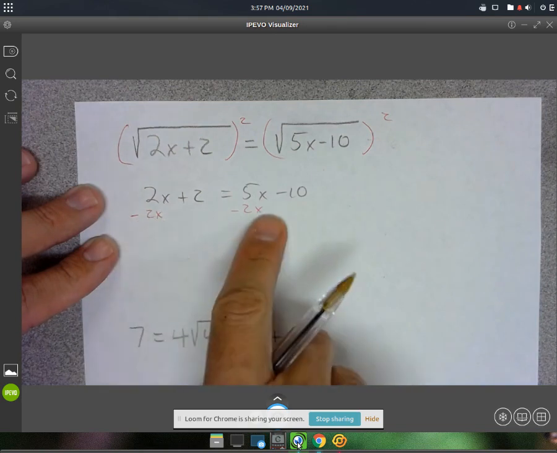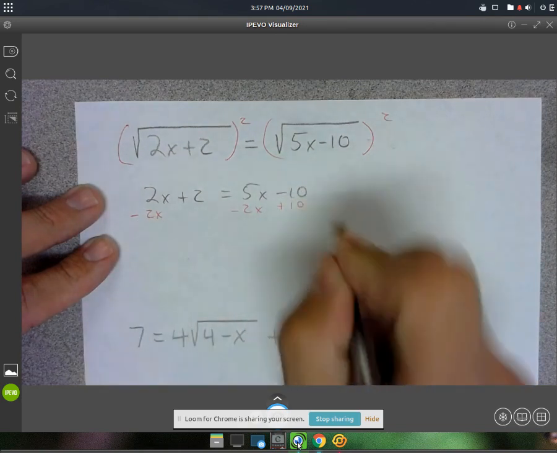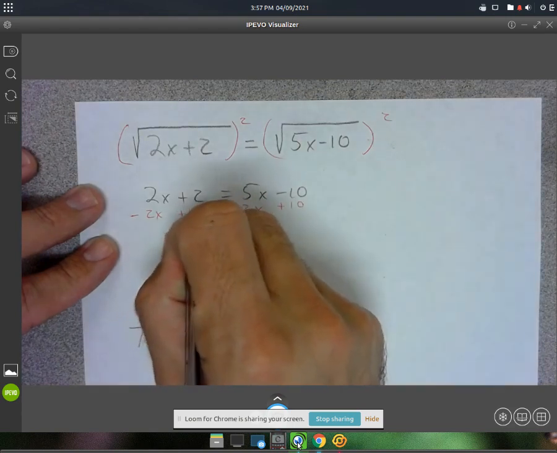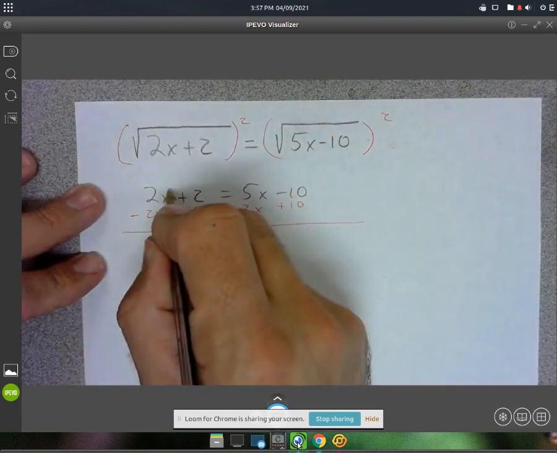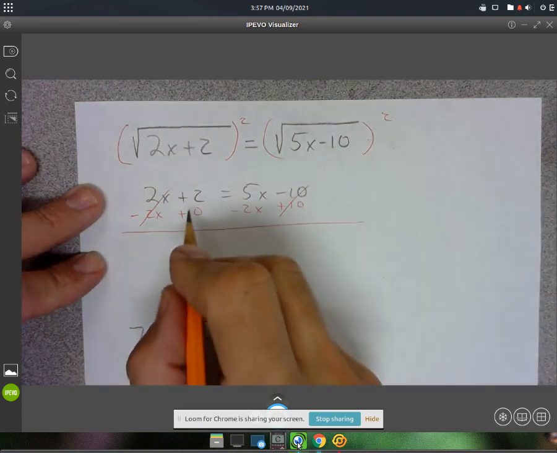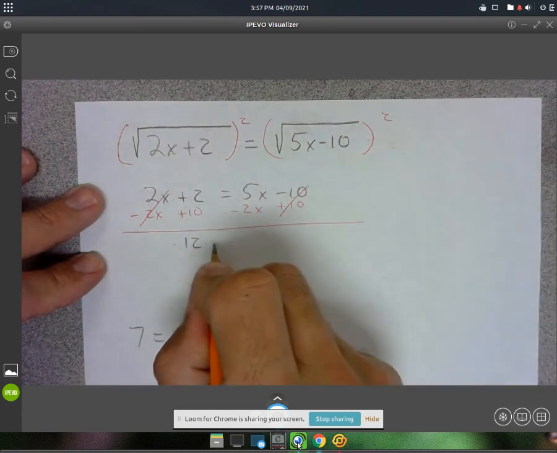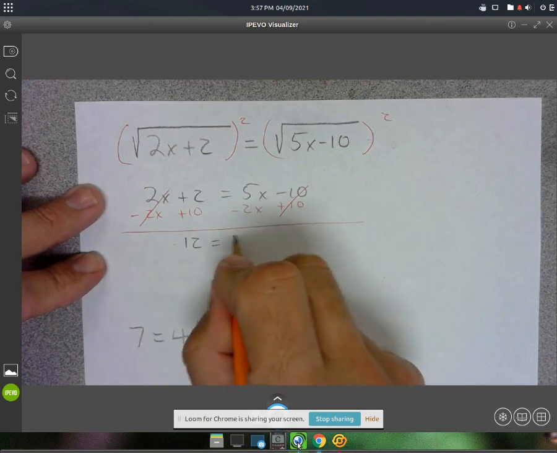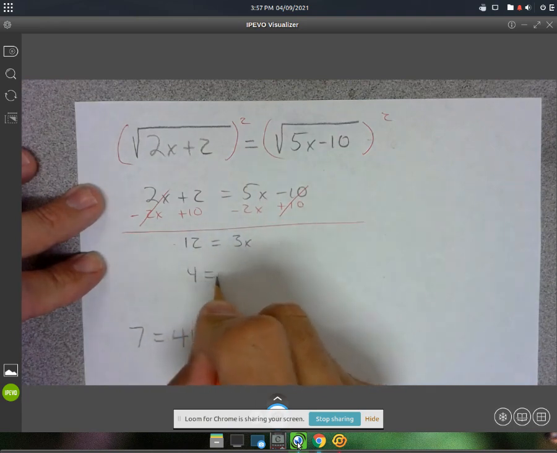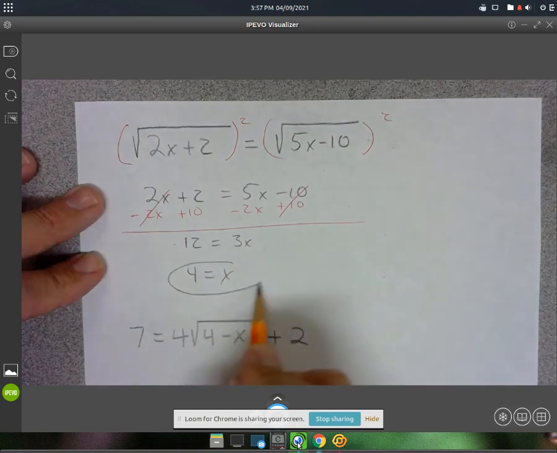I'm going to move my 2x over here and move my regular numbers over to the other side. So I'll plus 10 there. So 2x can cancel, 10s can cancel. That's going to leave me with a 12 and a 3x. Divide by 3, and you'll get 4 is equal to x.